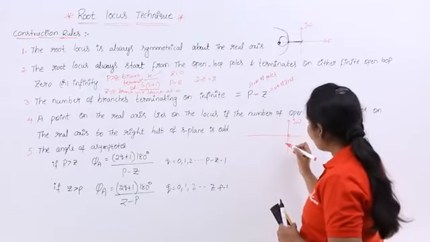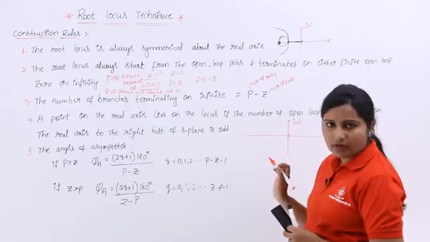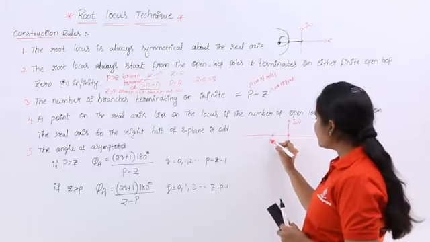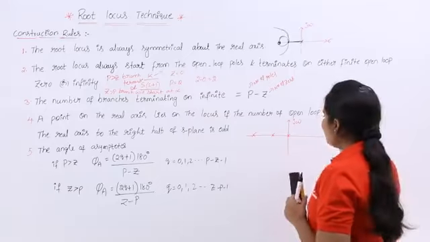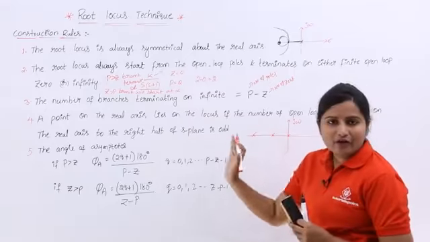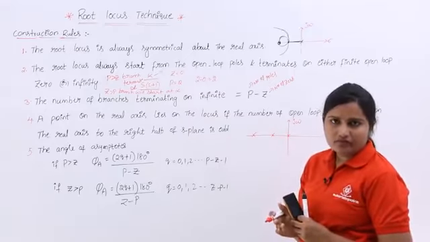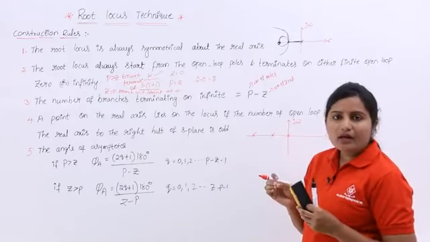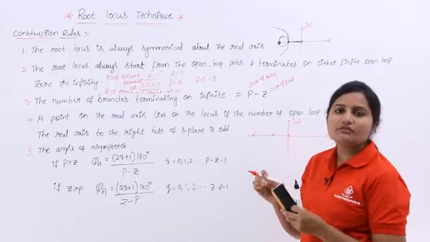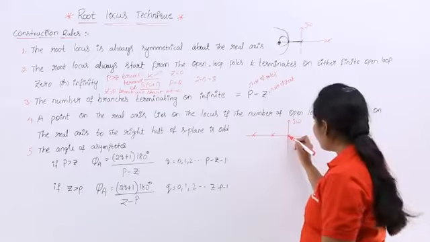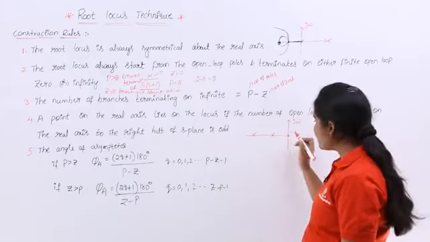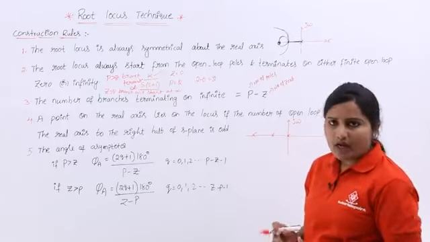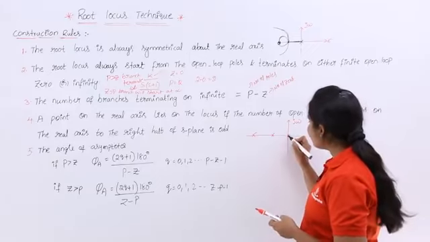You have 3 poles here at the origin, 1 pole here, and 1 pole here. Your number of poles plus zeros must be odd. For example, from here to here you can observe only 1 pole, and only 1 pole is nothing but odd.